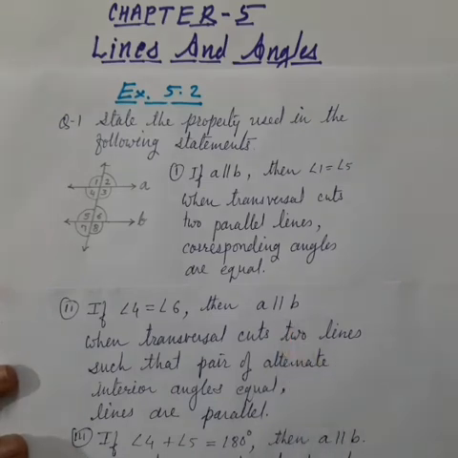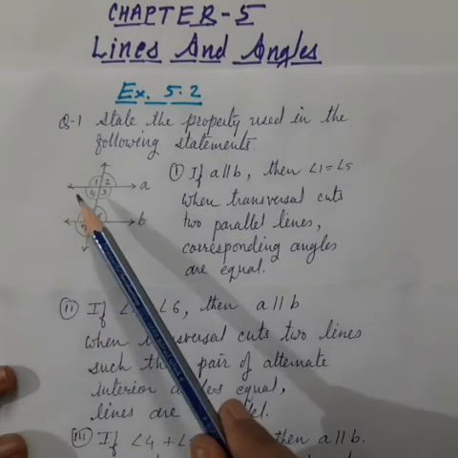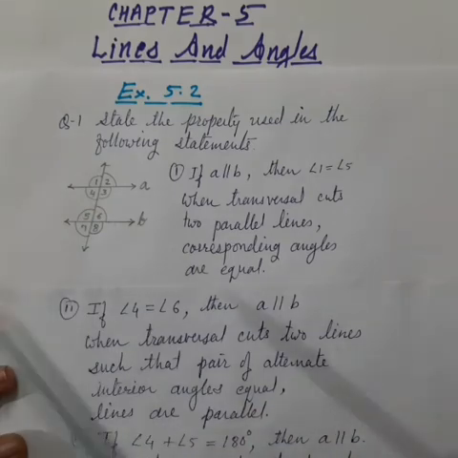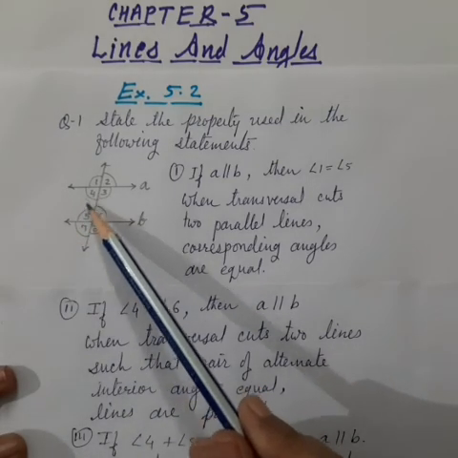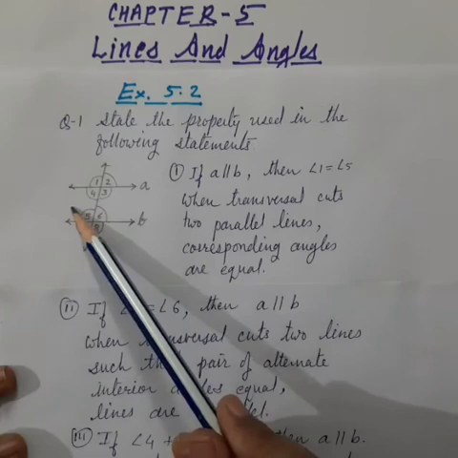Third, if angle 4 plus angle 5 is equal to 180 degrees, then the lines are parallel. See what type of angles these are. Angles 4 and 5 are interior angles on the same side of the transversal.